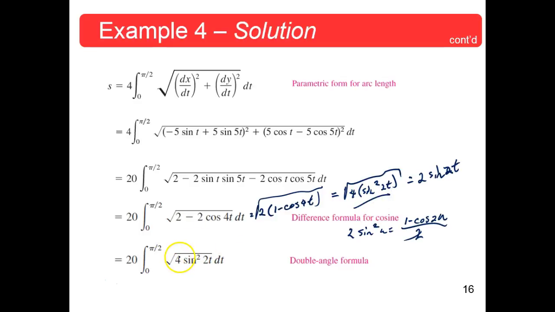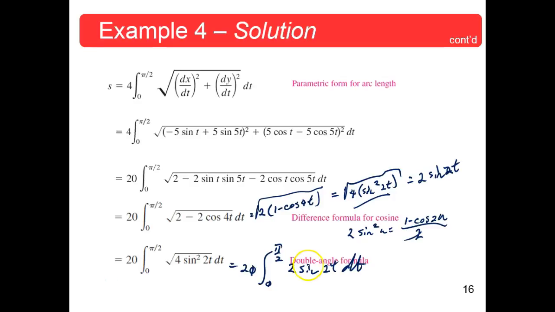And then that just becomes, I'm just doing the next step here, 20 times the integral from 0 to pi halves of 2 sine of 2t dt. Right? I think we can do that integral, can't we?